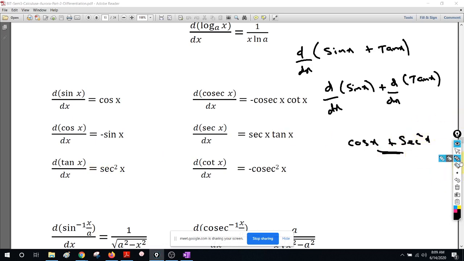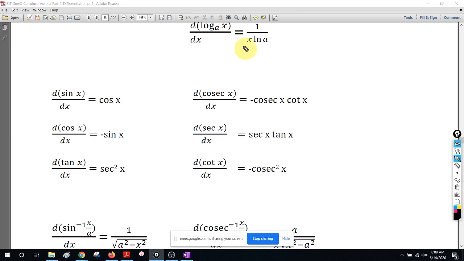So let's do a something interesting one. Okay, so you are asked to do this: d by dx tan x, and of course we know that d by dx tan x is what? Sec squared x, right? So just double check whether it's correct.